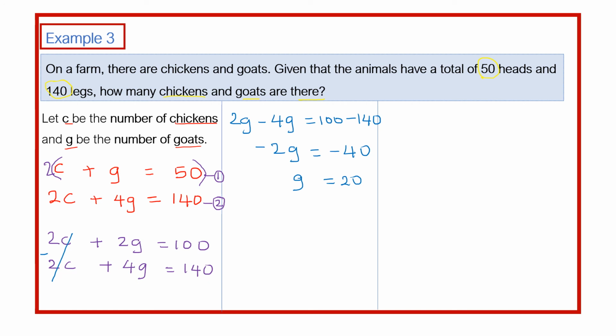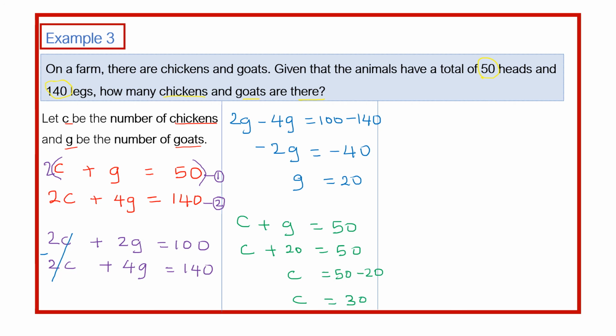Now let's find out how many chickens do we have. We can use equation 1 where we have C plus G equals 50. So we can say C plus G, which is 20, is equal to 50. So C is 50 minus 20, and C is equal to 30.